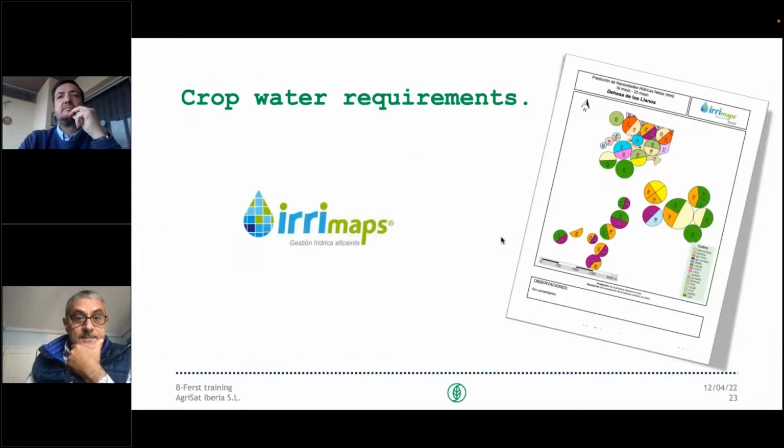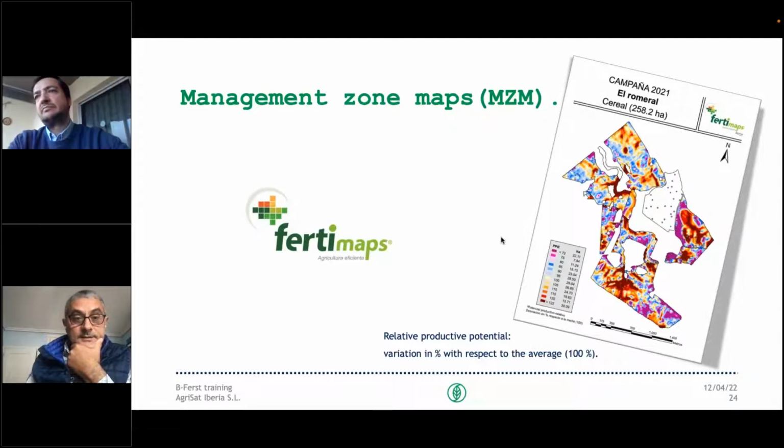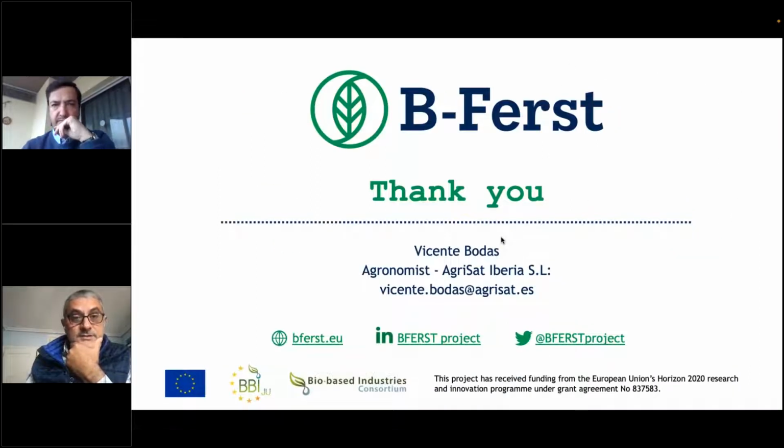For instance, the Irrimax product that is used to calculate the irrigation water requirements, and the Fertimax that is a service based on the characterization of the different productivity zones in a plot, in a parcel. Okay, thank you for your attention. This is my brief impression about the use of technology in crop management.